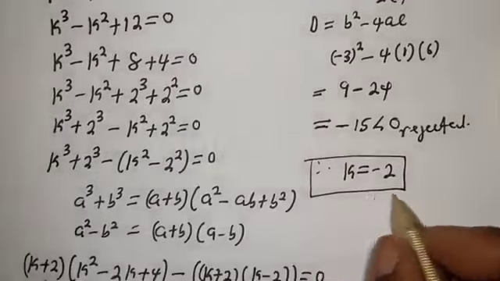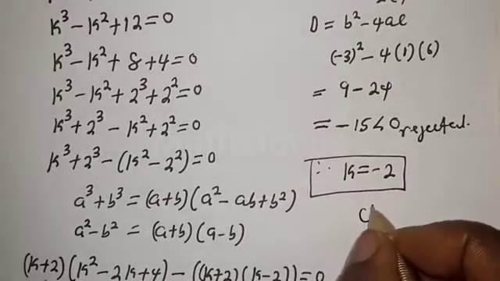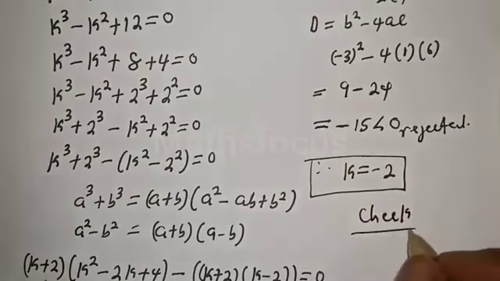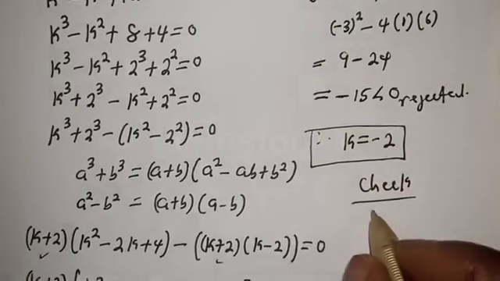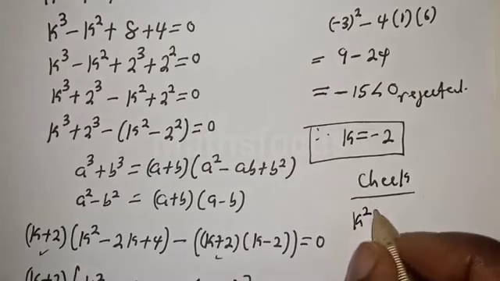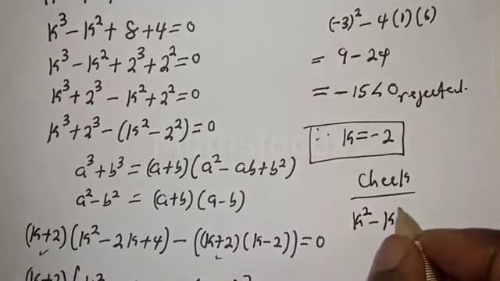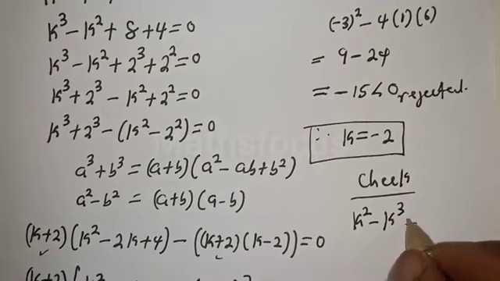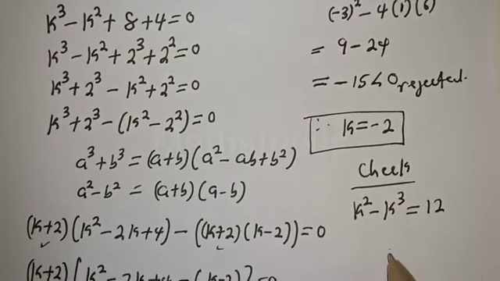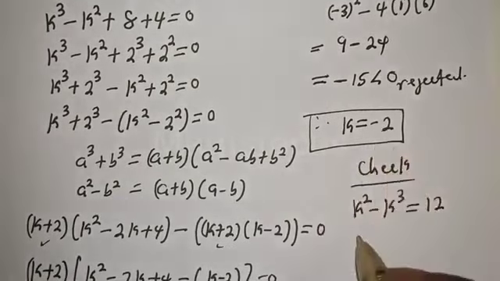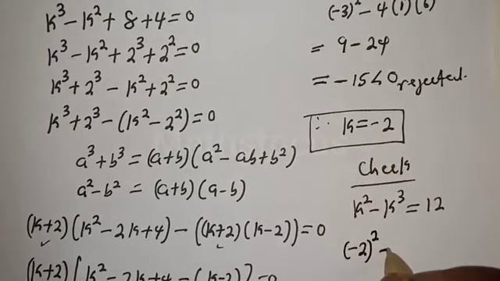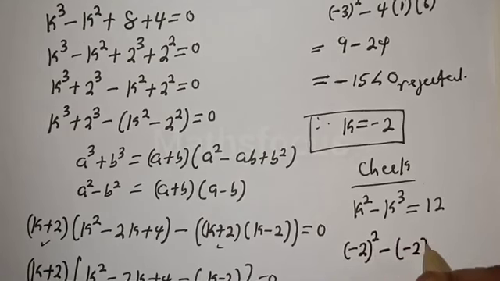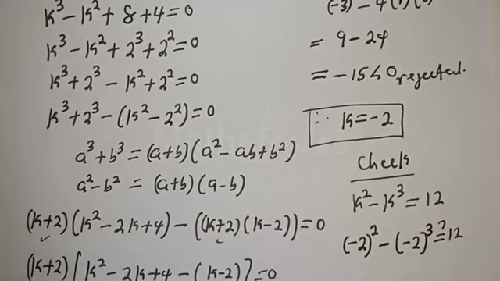We can check to confirm if our answer is right or wrong. Let's check. We have the given equation k squared minus k raised to power 3 is equal to 12. When k is equal to minus 2, here is minus 2 square minus bracket minus 2 raised to power 3 must be equal to 12.